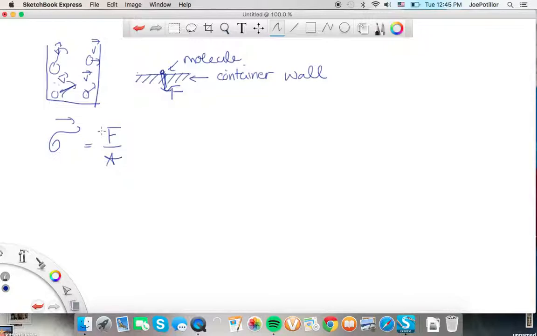This is called pressure. Okay, we'll use capital P for pressure. Okay. Pressure is defined as the ratio of force to its area. Something like this. Alright.